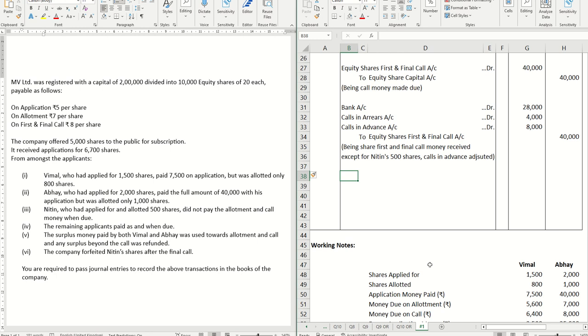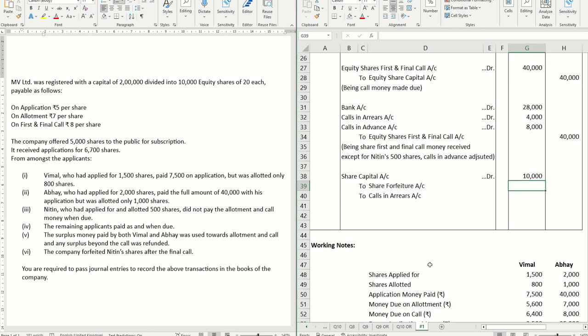Now it's time to forfeit the shares of Nitin. All right. So share capital account debit to share forfeiture account to calls in arrears account. Okay. Share capital will be the called up amount. Here we have made all the calls. So straight away that will be 500 into 20.